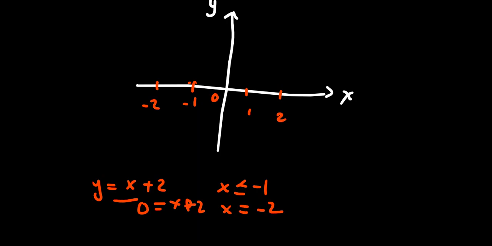So this graph passes through -2. We have x less than or equal to -1, which means at -1 it is closed. So the piecewise function is closed at -1, and it passes through there all the way like that. Everything less than -1 is given by this, and it continues up to infinity.